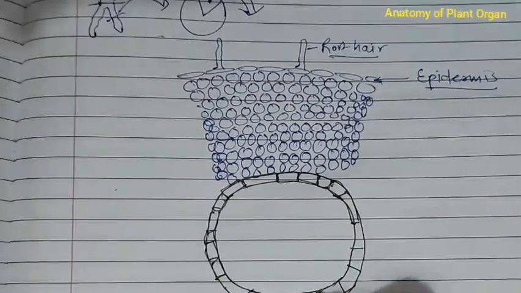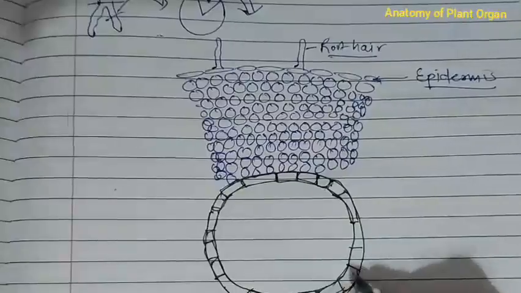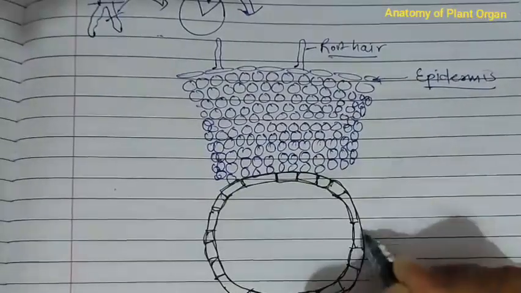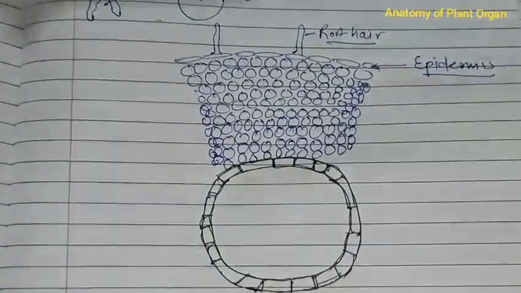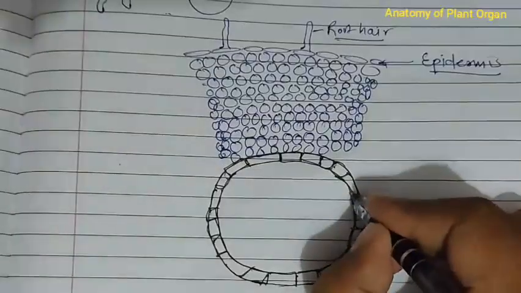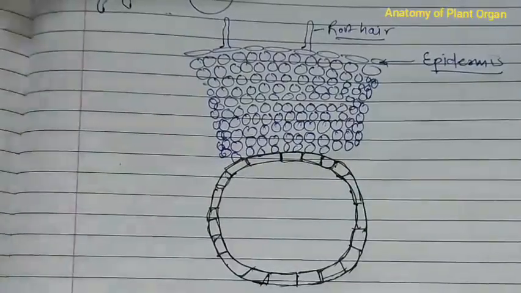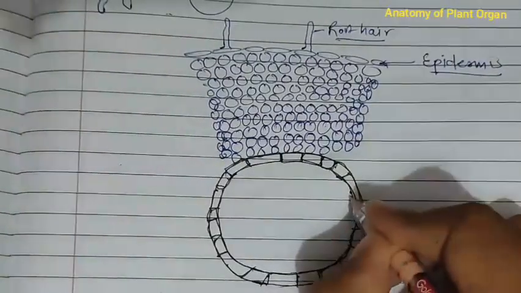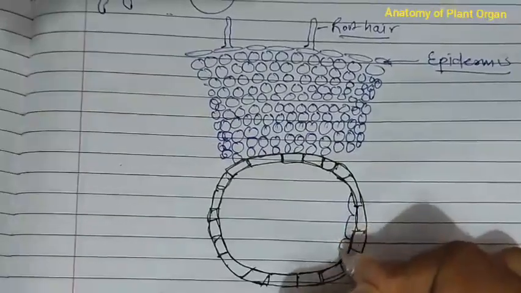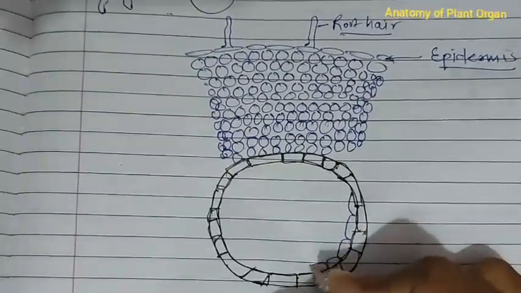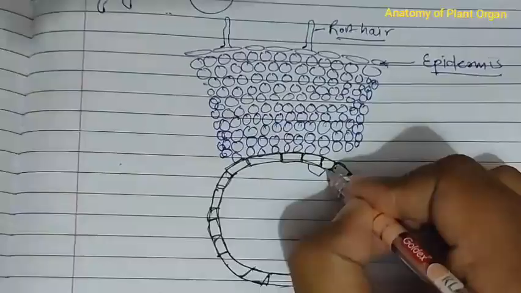Now inner to Casparian strips we see a pericycle, and here we can represent this as a pericycle.